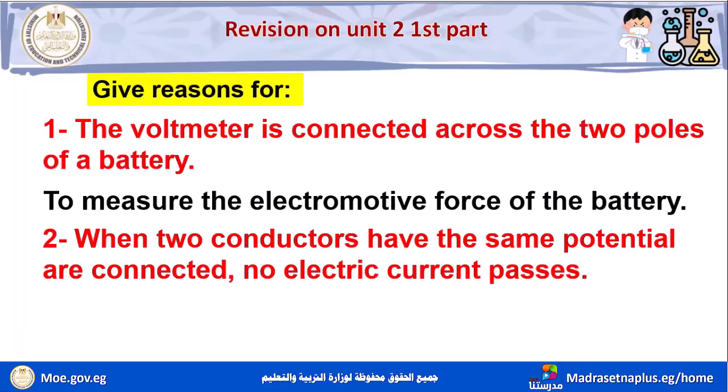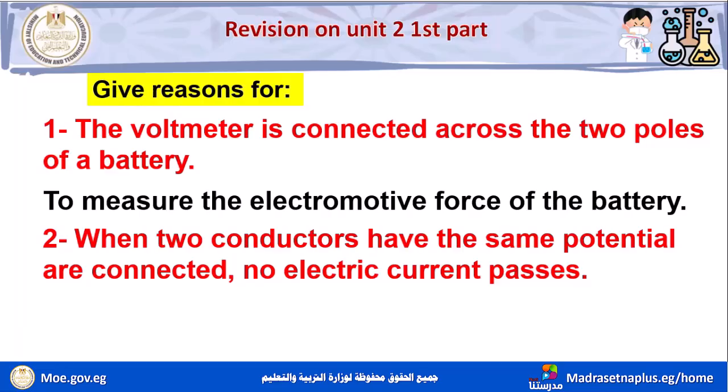Number 2, when 2 conductors have the same potential are connected, no electric current passes. Same potential, like 50 and 50.